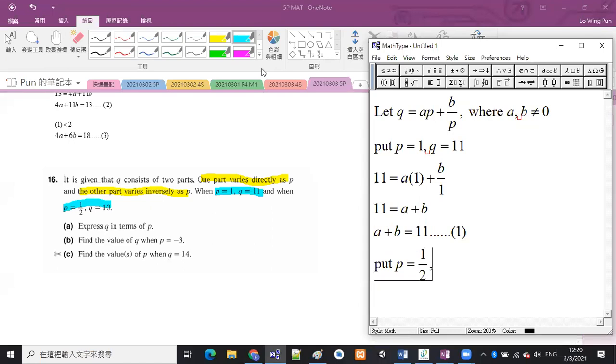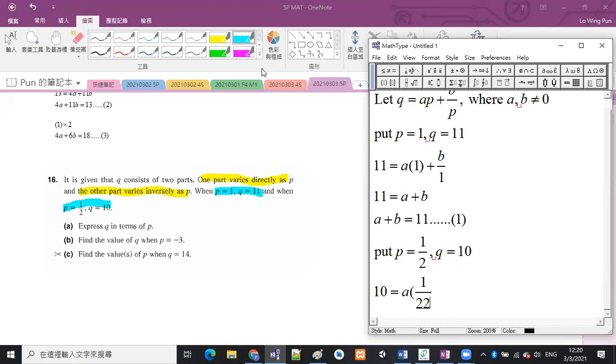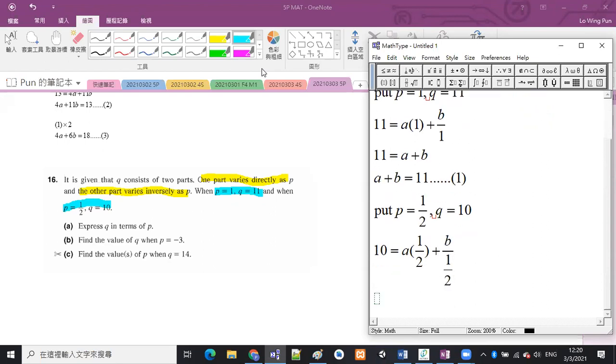P is 1/2 and Q is 10. And then we have 10 equals A times 1/2 plus, careful, B over 1/2. Okay, and then 10 is equal to A times 1/2. When a number is multiplied to a fraction, that number should be multiplied to the top part of the fraction.